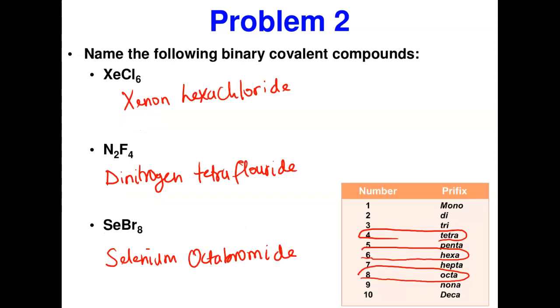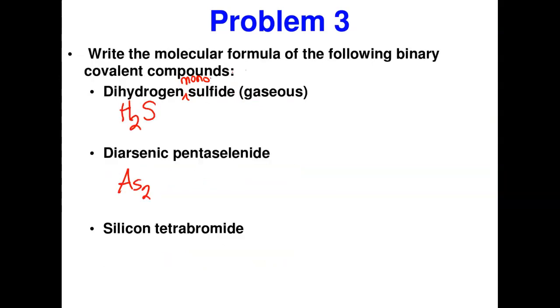Remember in the exam, you're not going to be given these prefixes, but for now as you're practicing you can always go back and look at them and use them for practice. So penta means 5. Pentaselenide. Remember, I say diarsenic pentaselenide. Selenium is Se. And how many atoms do we have there? 5. I'm going to put 5 at this point.